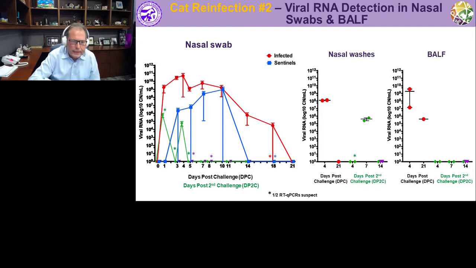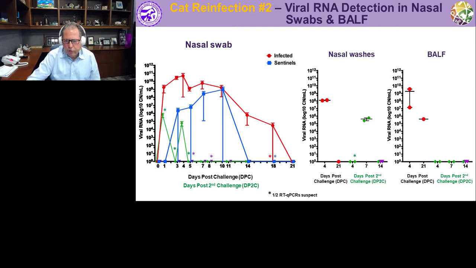And if we look at the reinfected animals, we see positivity already on day 1, and it's also positive on day 4 and already negative on day 5. The sentinels throughout the entire time we could not find any positive nasal swabs. And also none of the nasal swabs beyond day 4 was positive for RNA in the reinfected animals.